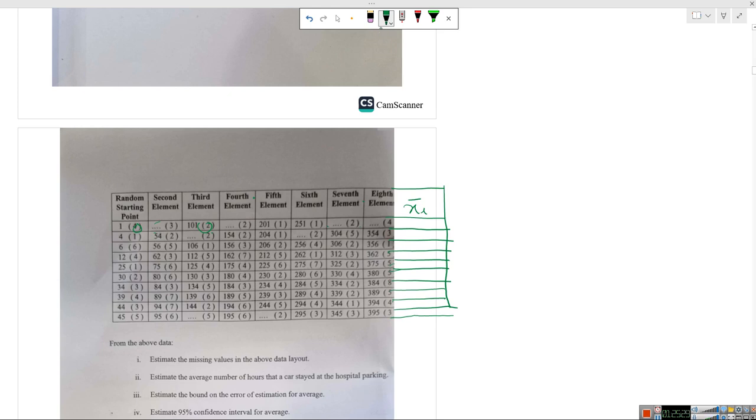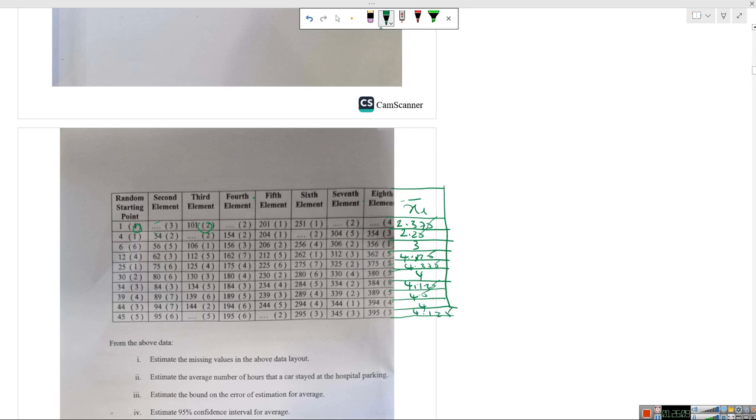Let me just write it down here: 2.375, 2.25, 3, 4.125, 4.375, 4, 4.125, 4.5, 4, 4.125.